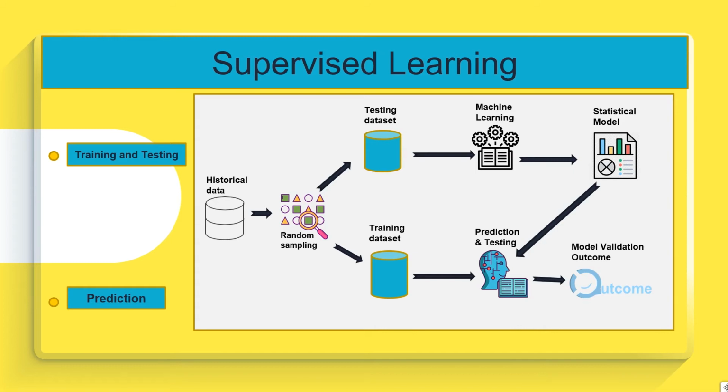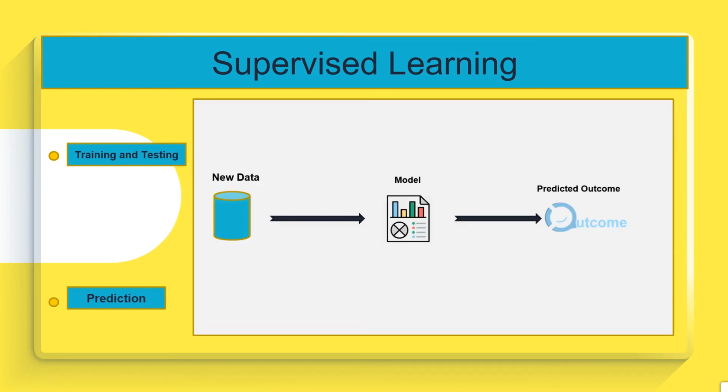Using the training data set, with the help of supervised machine learning, we create a statistical model. Then, with the model generated from the training data set, we use the testing data set for prediction and testing. We get the output, and finally we have the model validation outcome. That was the training and testing.